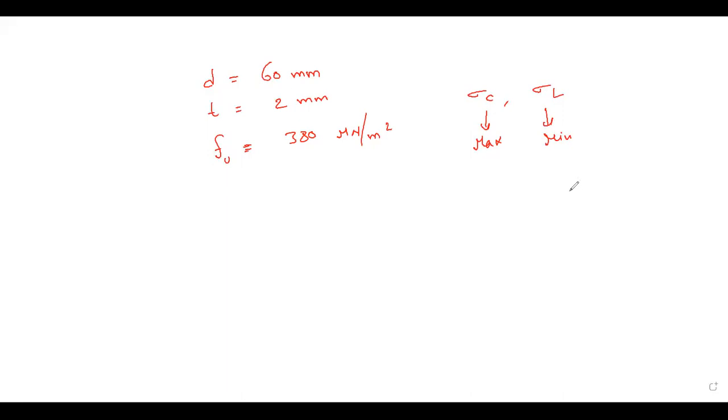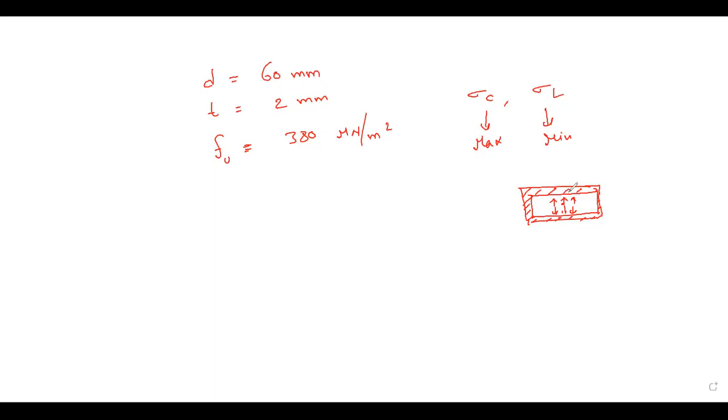So in the cylinder, which is having a definite thickness, when the pressure is acting like this, the pressure is going to be resisted by which material?